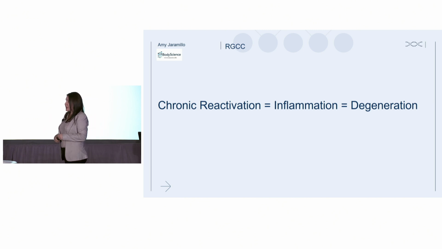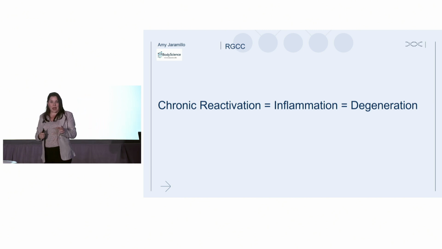And whether you look at this through the lens of neurodegeneration or any other degenerative process, degeneration ultimately is oftentimes the result of chronic inflammation, and that chronic inflammation is commonly the result of these treatable infections.